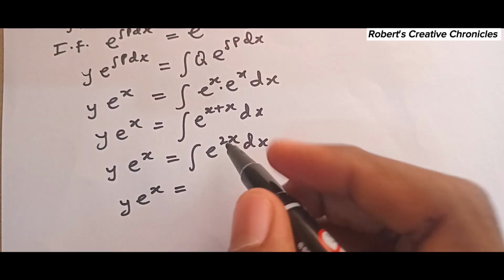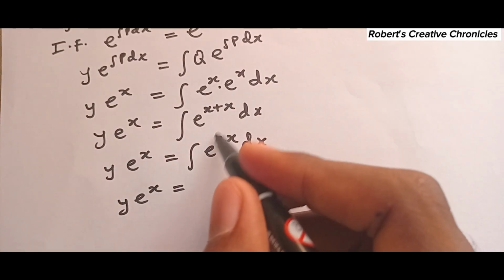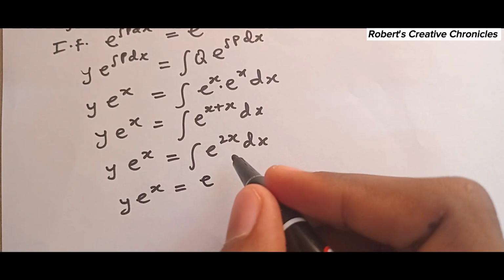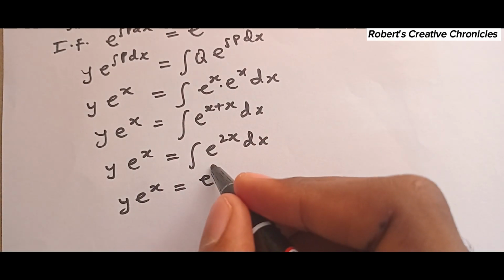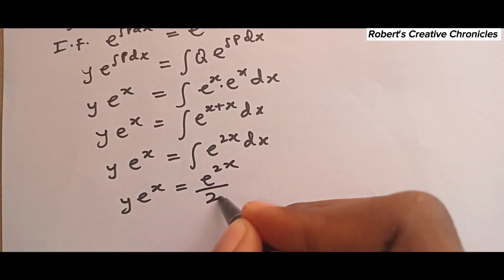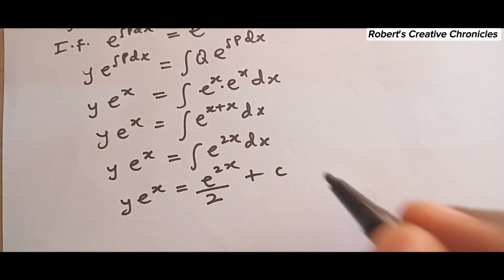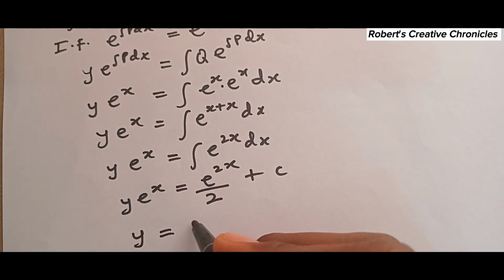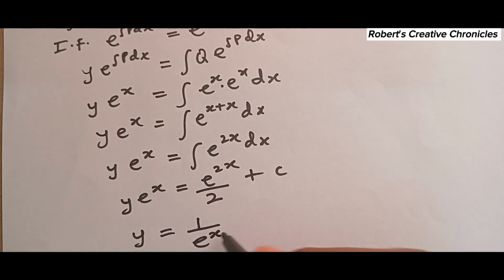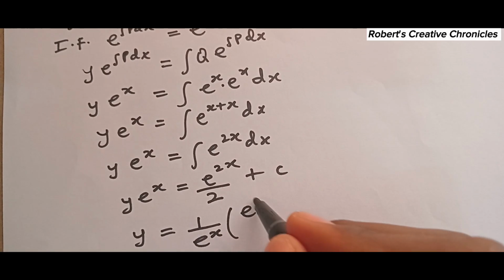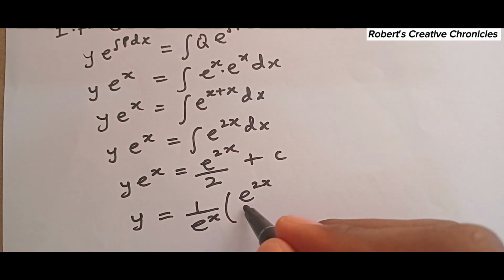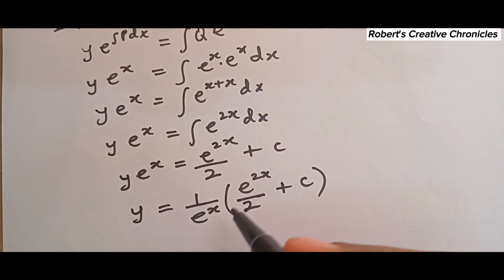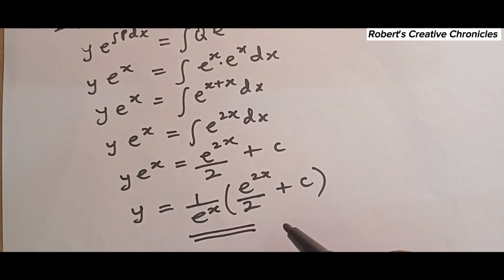To find the integral, we differentiate 2x, which gives 2, then we divide the function by 2, plus c. So this becomes y times e to the x equals e to the 2x over 2 plus c. This is the final answer for the B part.